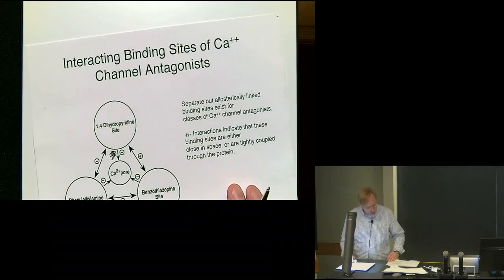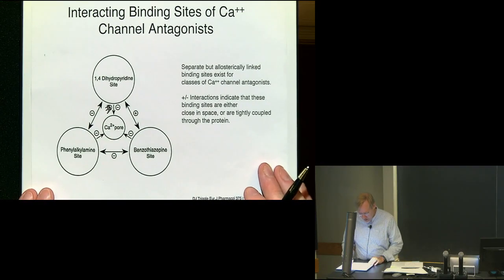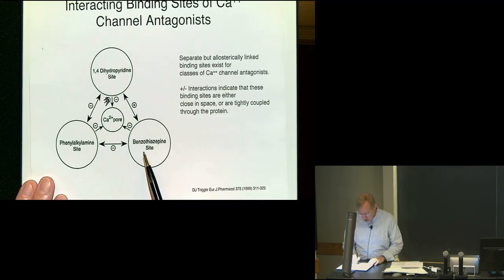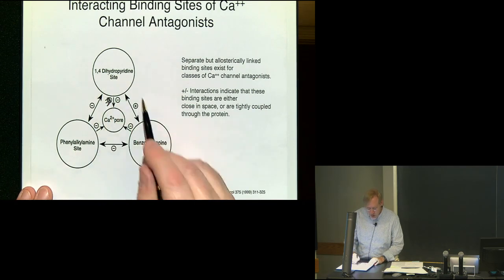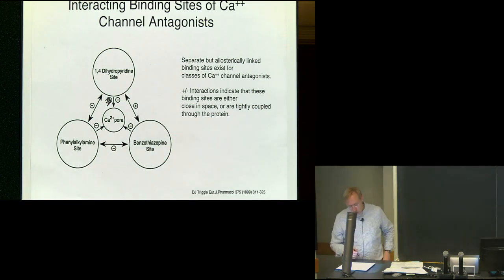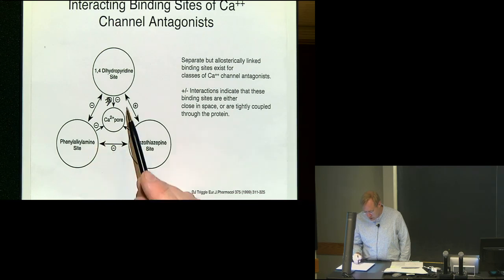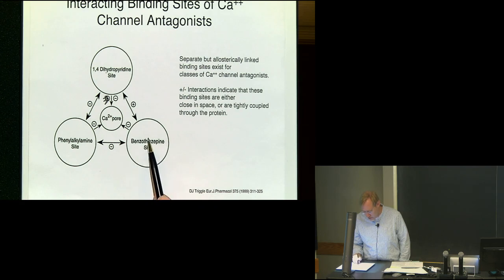All right, I mentioned this, but I'll bring it out again. We can see that the 1,4-dihydropyridines, the benzothiazepines, and the phenylalkylamine binding sites are all different on the same receptor, although some can antagonize or agonize the binding of others. If you bind at the dihydropyridine site, it enhances binding of benzothiazepines, but it inhibits the binding of phenylalkylamines.